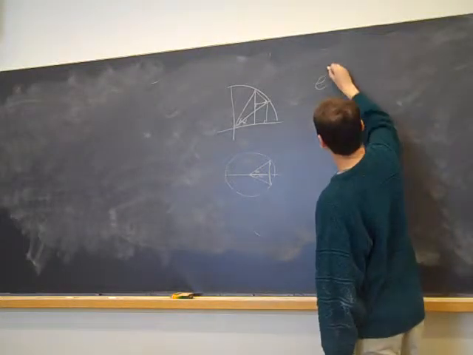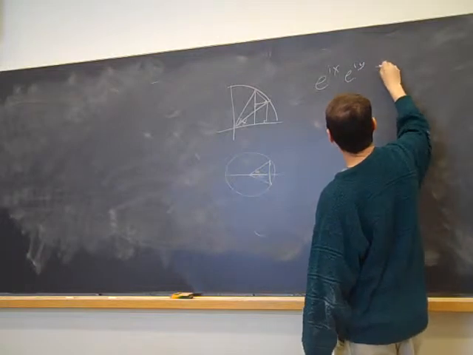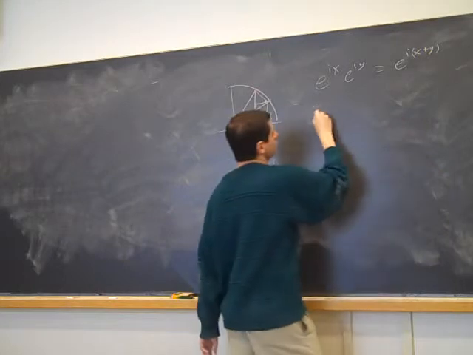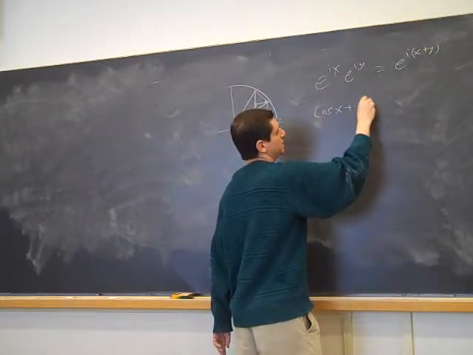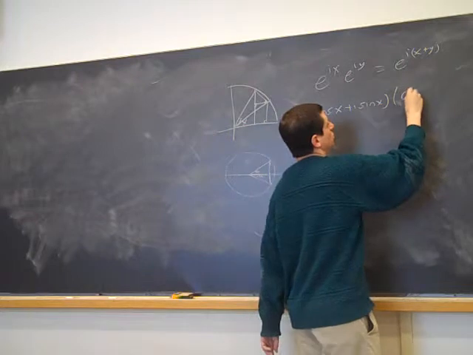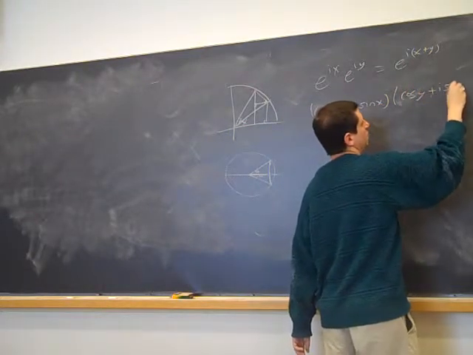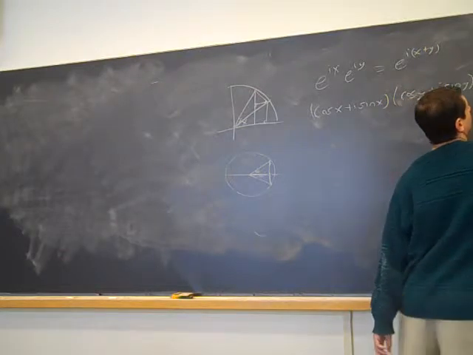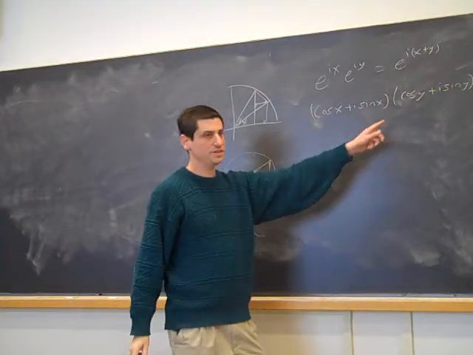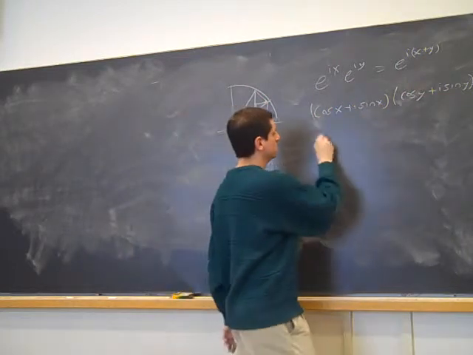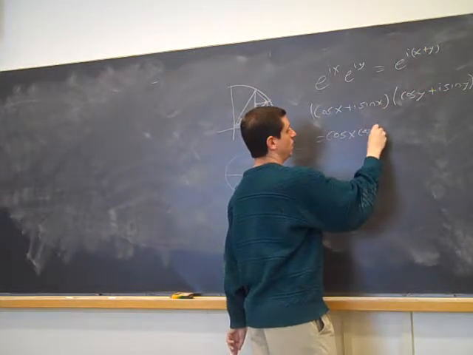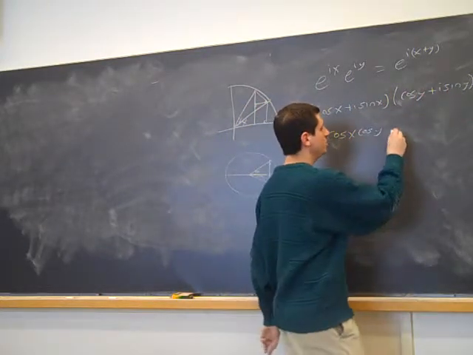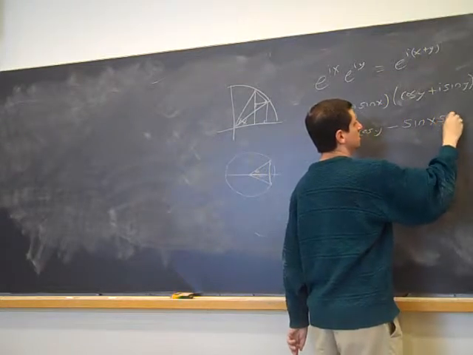So we're going to quickly end with e to the ix times e to the iy is e to the i(x plus y). So this is going to be cosine x plus i sine x, times cosine y plus i sine y, equals e to the i(x plus y). Now if I expand things, I get cosine x cosine y. i times i is minus 1, so the other real term is minus sine x sine y.